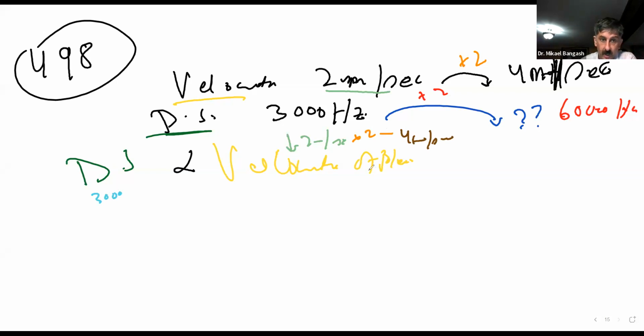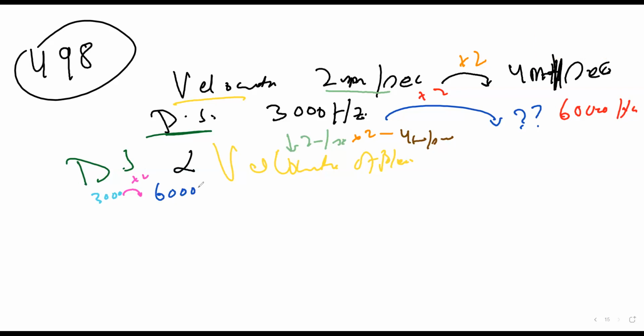But say the velocity doubled, what's going to happen? Well, most likely the same will happen to the frequency of our Doppler shift. That's also going to double from 3000 to 6,000. Did that make sense?